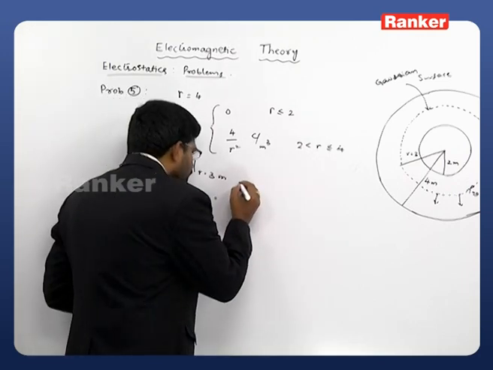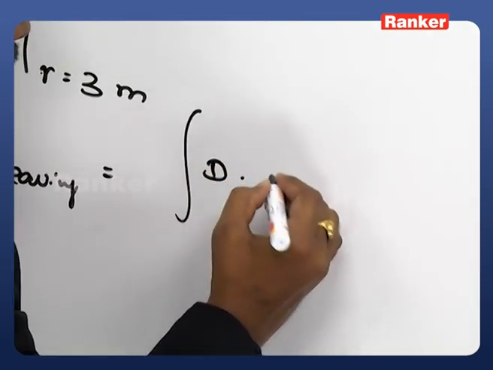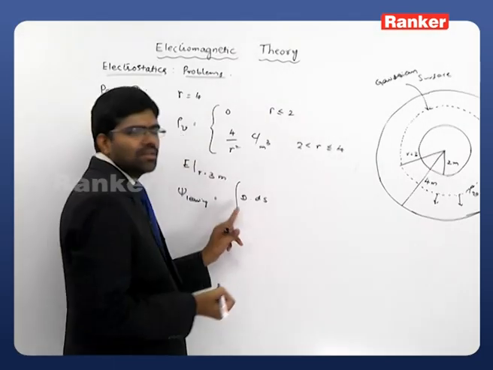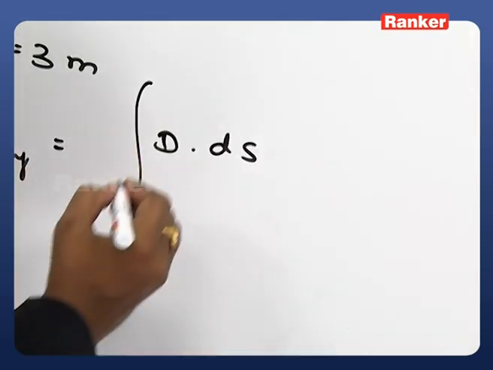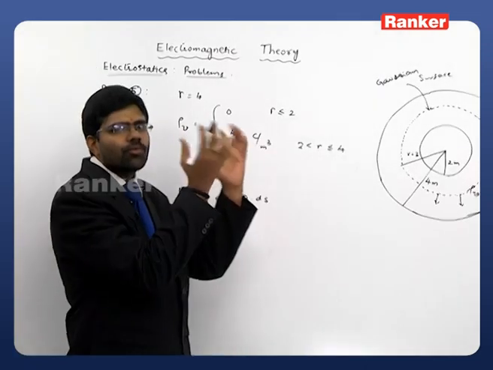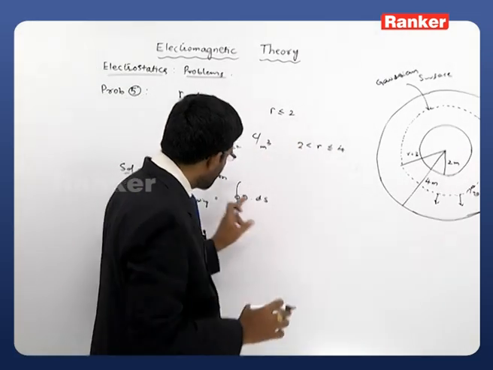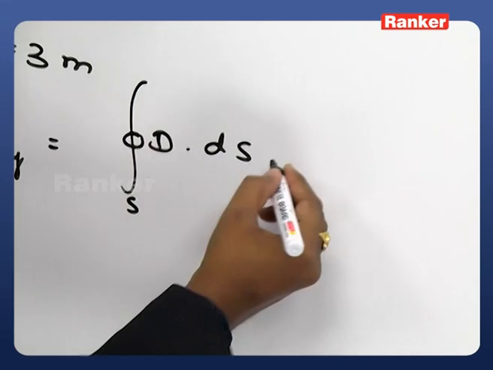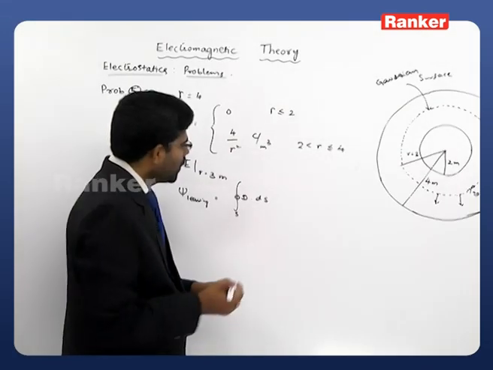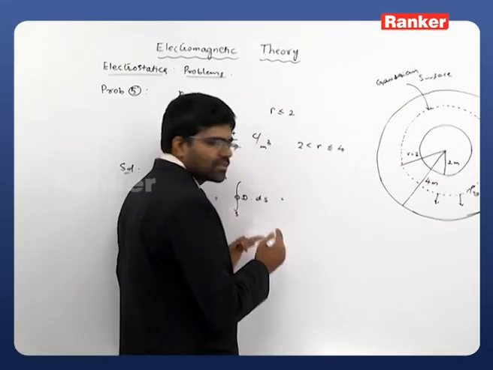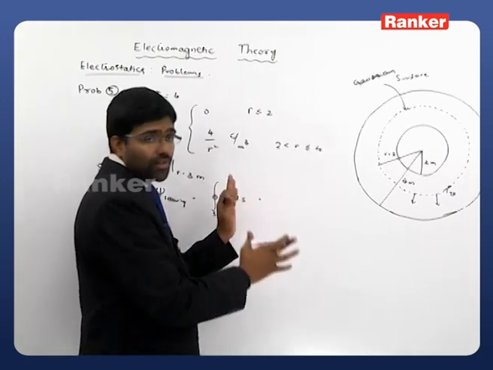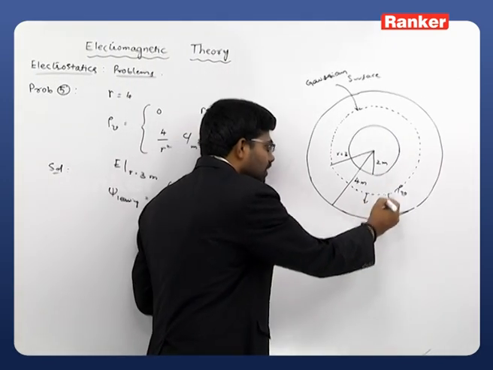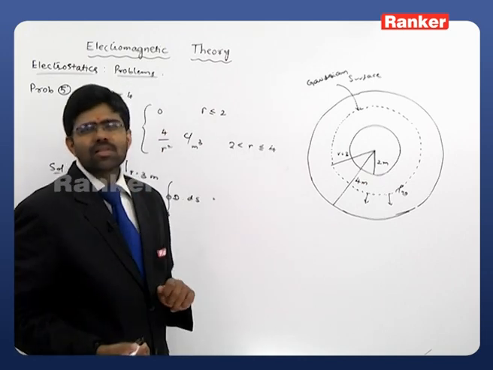Let the flux density be D, integrated with the differential surface dS. Since we are forming a closed Gaussian surface, it is a closed integration, the surface integral of D dot dS. As we discussed, D and dS will be in the same direction, that is, D will be in the radial direction and dS also in the same direction.